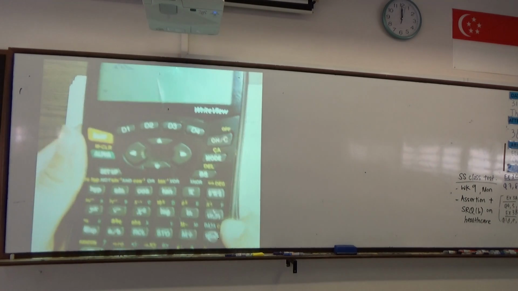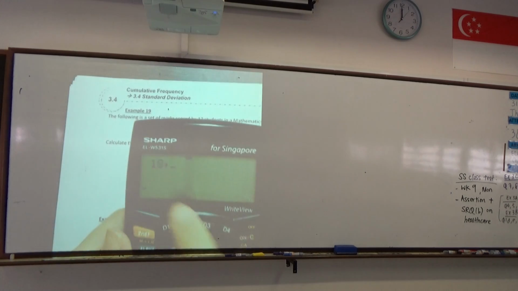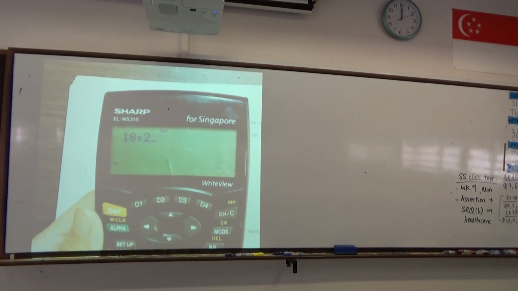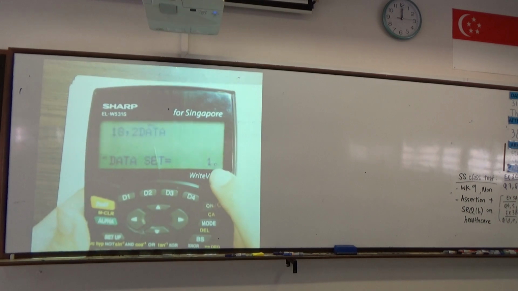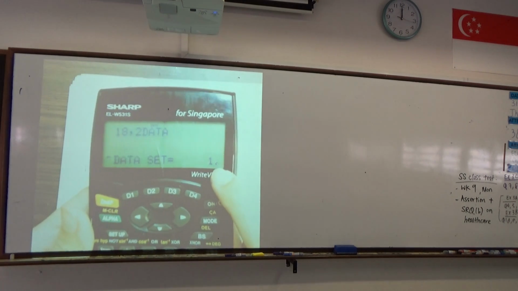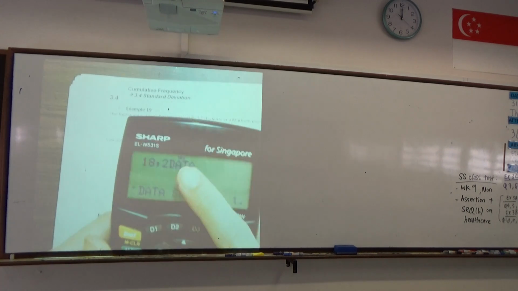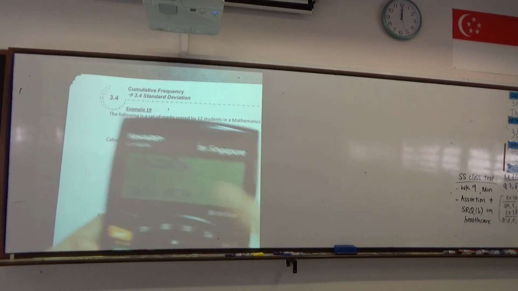The comma is this XY coordinate thing over here. It must always be data first, then frequency. So if it's 2, you press 2, then you press change. It will record it, although it will not keep count of the total. It will not consider it as 2 data being keyed in, it will just register as 1. So you must key in your data carefully. You understand what I mean for Sharp?